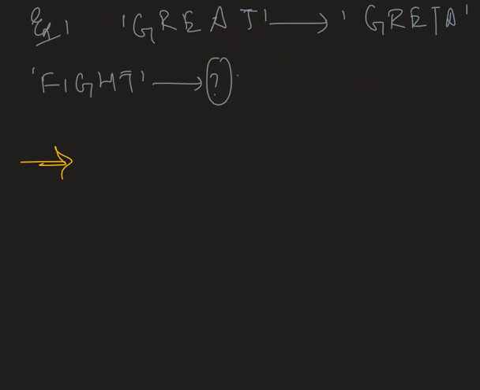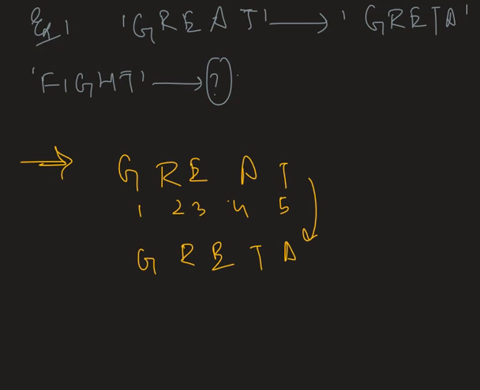As we can see, the word GREAT has an odd number of letters, that is 5: 1, 2, 3, 4, 5. We give numbers corresponding to their positions, and it is written as GRETA, that is 1, 2, 3, then 5, 4.